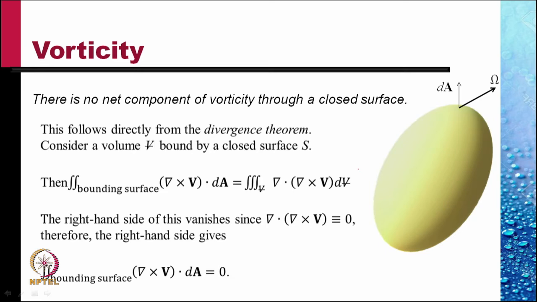The right hand side of this expression vanishes since the divergence of curl must be 0 identically, and therefore we get the net component of vorticity through a closed surface as 0. We'll use these facts shortly.